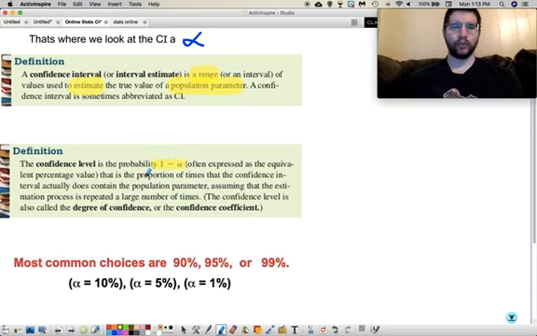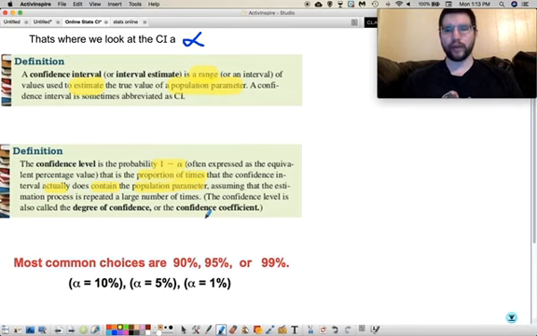It is the proportion of times that the confidence interval actually contains the population parameter. So if we do the exact same number of trials over and over again, whatever our confidence level is, that'll say, okay, 95% of these estimates contain the actual population parameter.